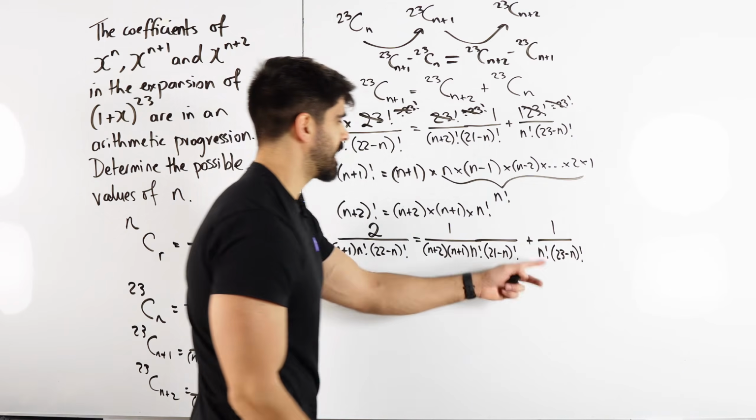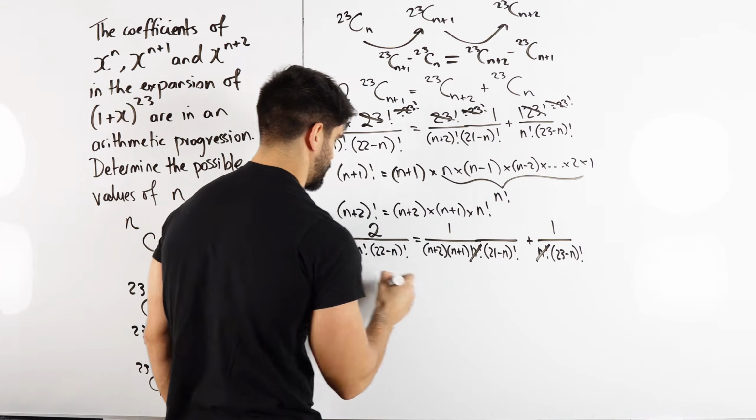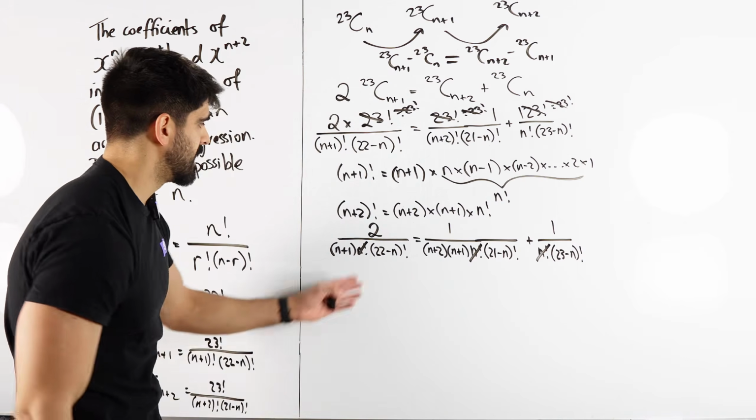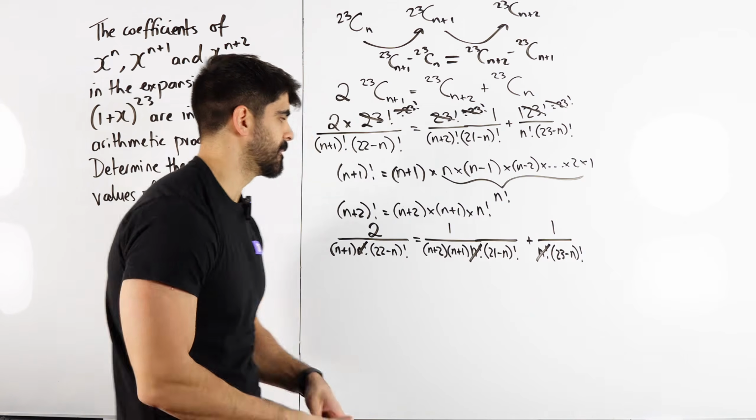Now, multiplying through by n factorial, these are all just going to cancel. And now we need to figure out this business here.